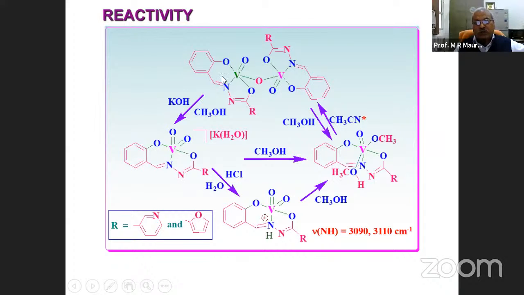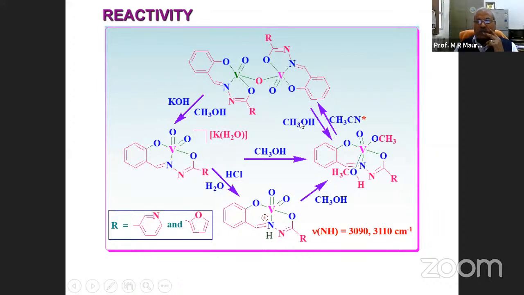We also worked on that. So we found the clue that we can do this chemistry, and in this way, if we can isolate this potassium salt and titrate it, we can get the nitrogen protonated. And the beauty of this is, see what I have shown here, that is a dinuclear species.